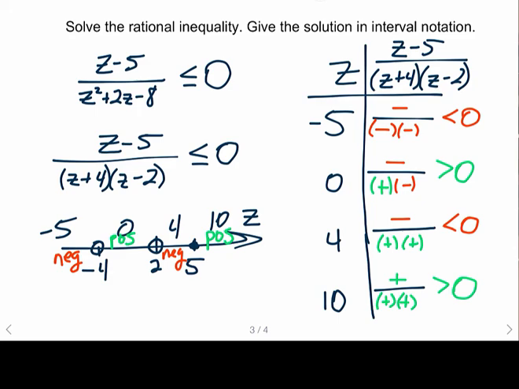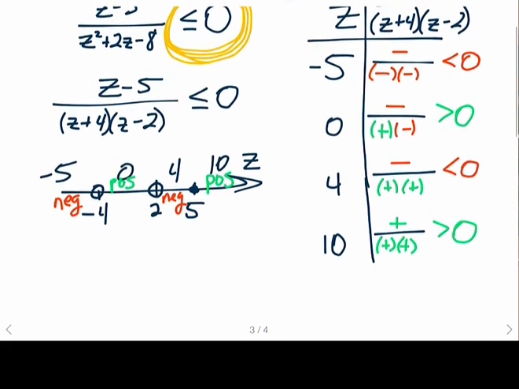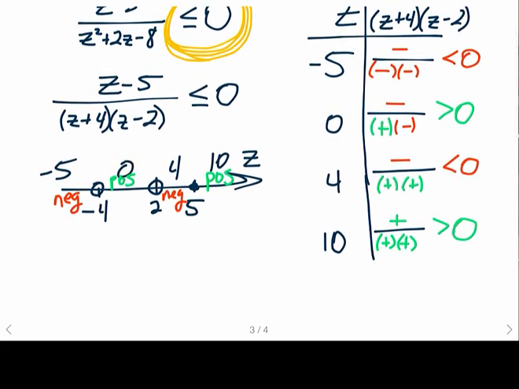So if we compare to the original inequality, we wanted values that made the expression less than or equal to 0. That's negative or 0. So we're looking at values to the left of negative 4 and between 2 and 5, keeping in mind we never ever include a value that came from the denominator.